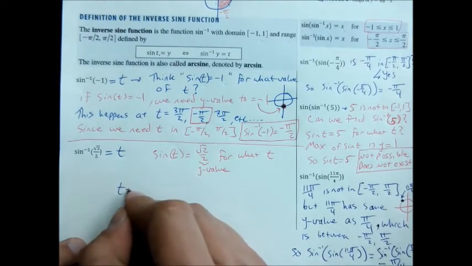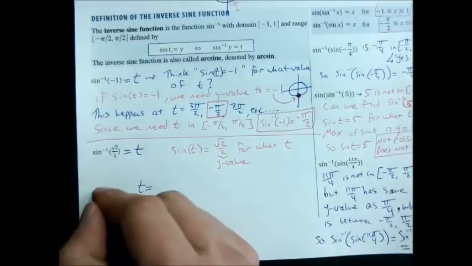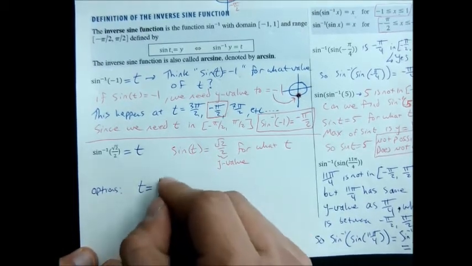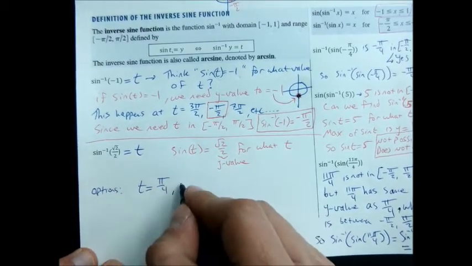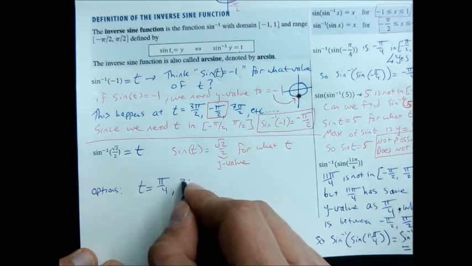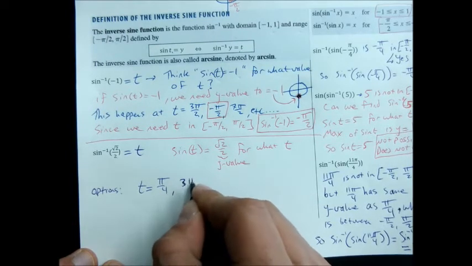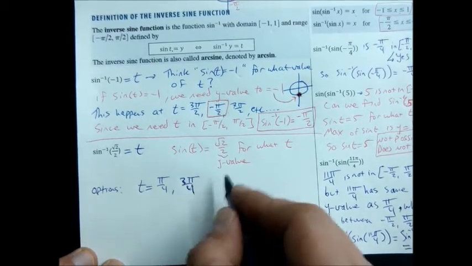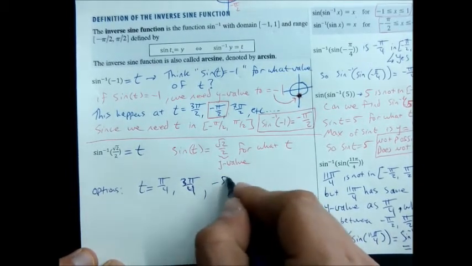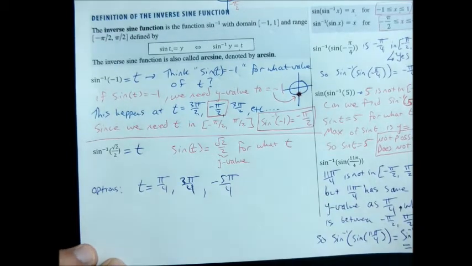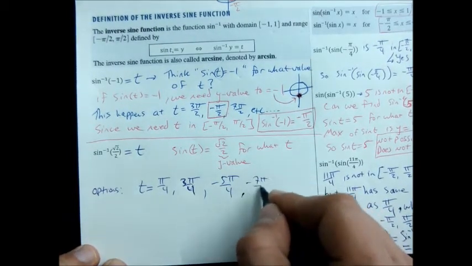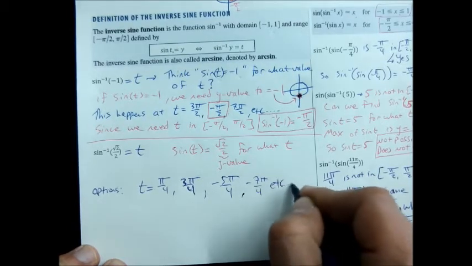And so our options are, it could be pi over 4, it could be 2 pi over 4 would be pi over 2, so it could be 3 pi over 4. It could be minus 5 pi over 4. It could be minus 7 pi over 4, right, etc. There's lots of points that it could potentially be.